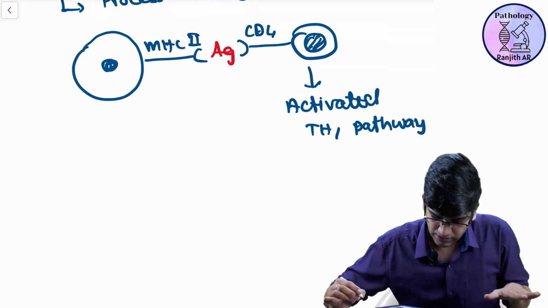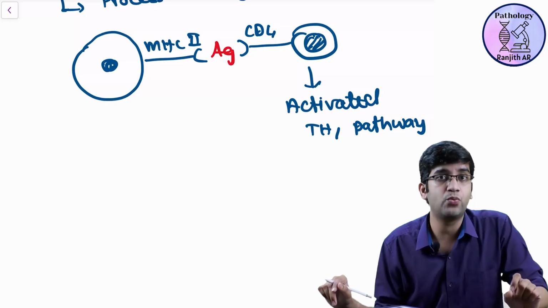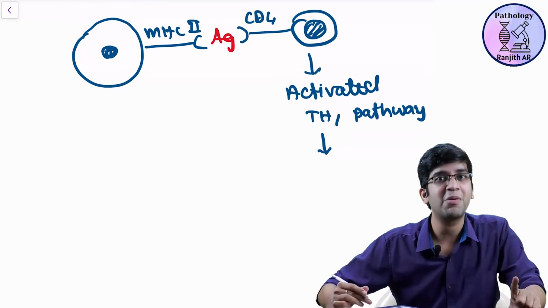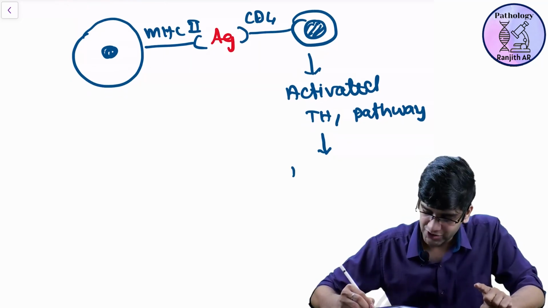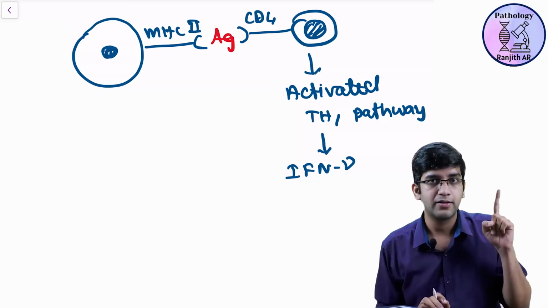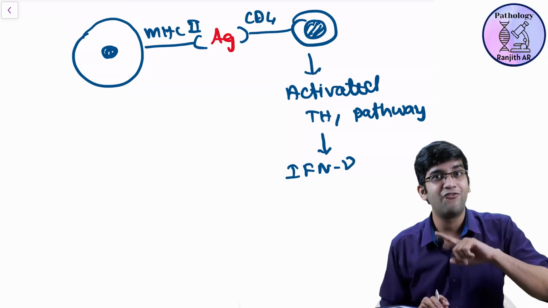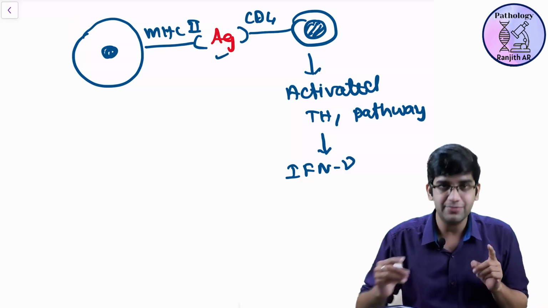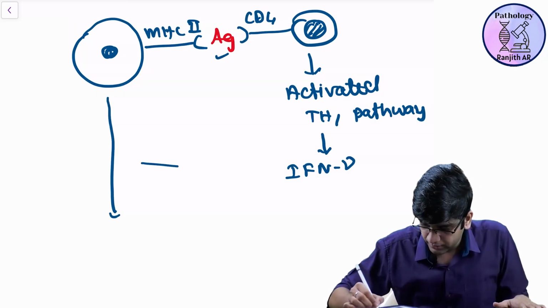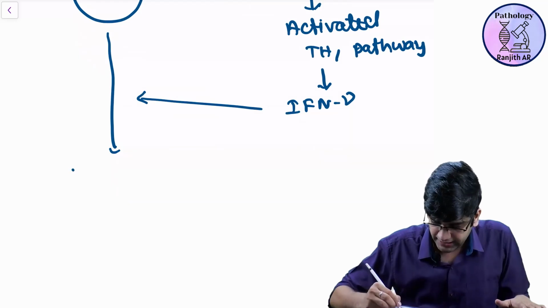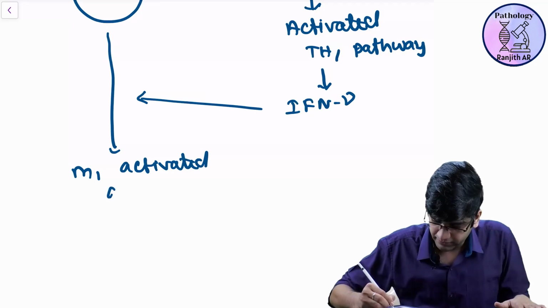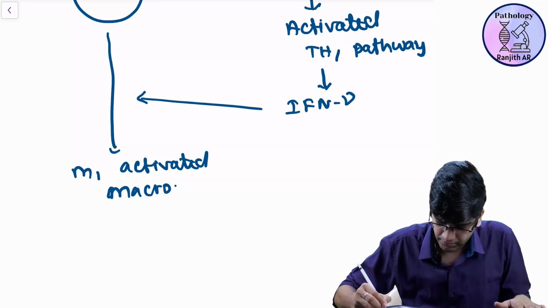This TH1 pathway, if you remember microbiology, everything is interlinked, is going to secrete interferon gamma. Does it ring a bell? Yes. With the help of interferon gamma and obviously my microbial product, this macrophage is going to become an M1 activated macrophage.